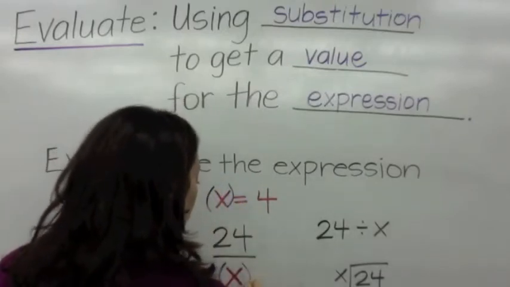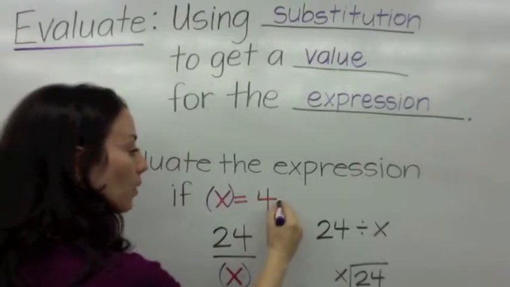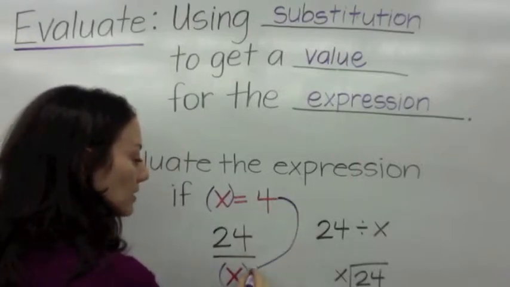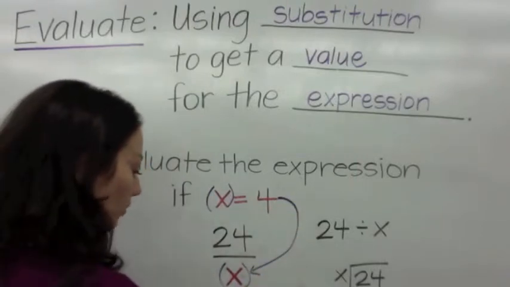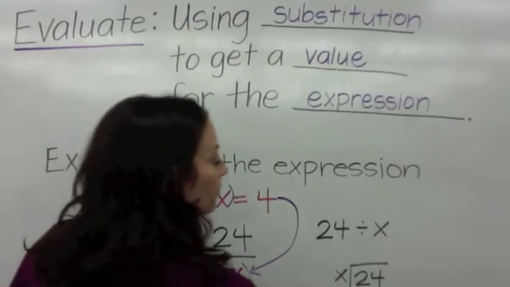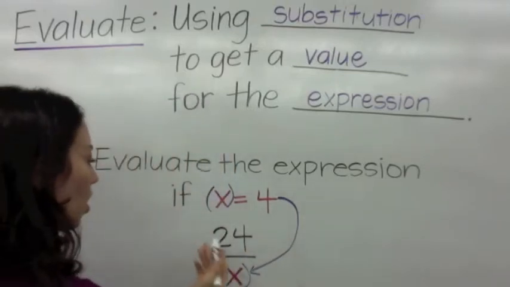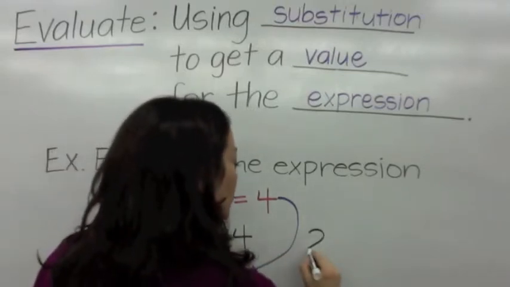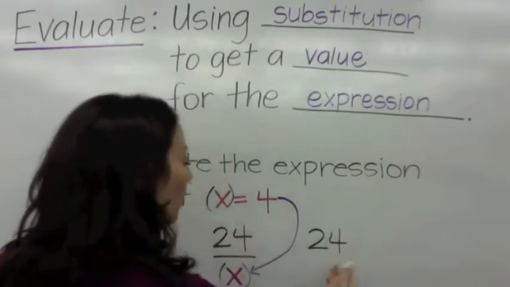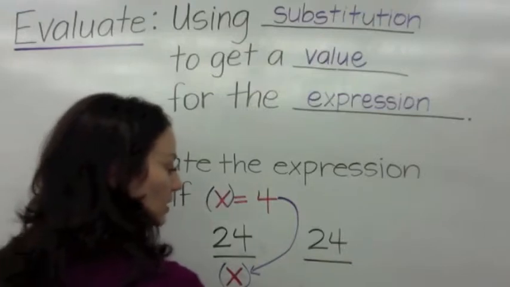That means we're going to put 4, the number, in the place of the letter. Over here, I'm going to erase this now. What that's telling me to do is take 24 and divide it by 4. Isn't that what it's saying?